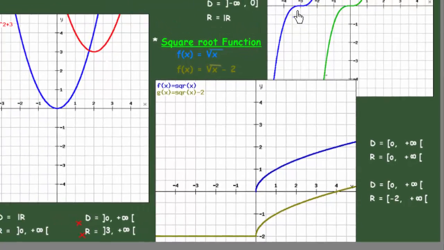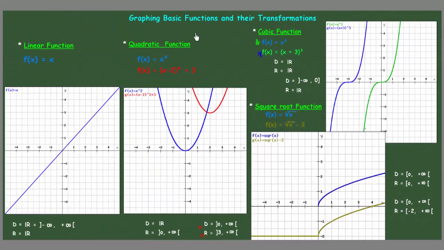So again, to graph a transformation of a function, we need to have the basic function, like in this example here. From this original function we can see if the function is moved up or down or shifted to the right or to the left.